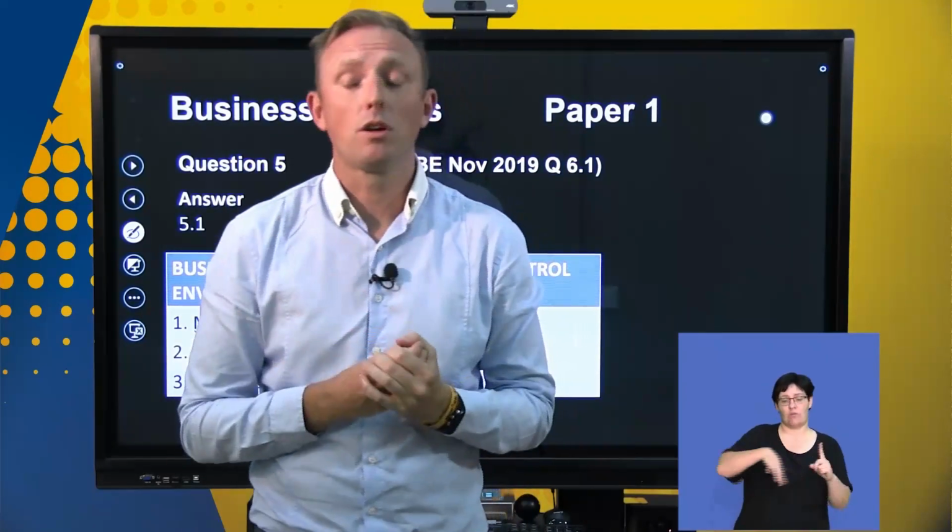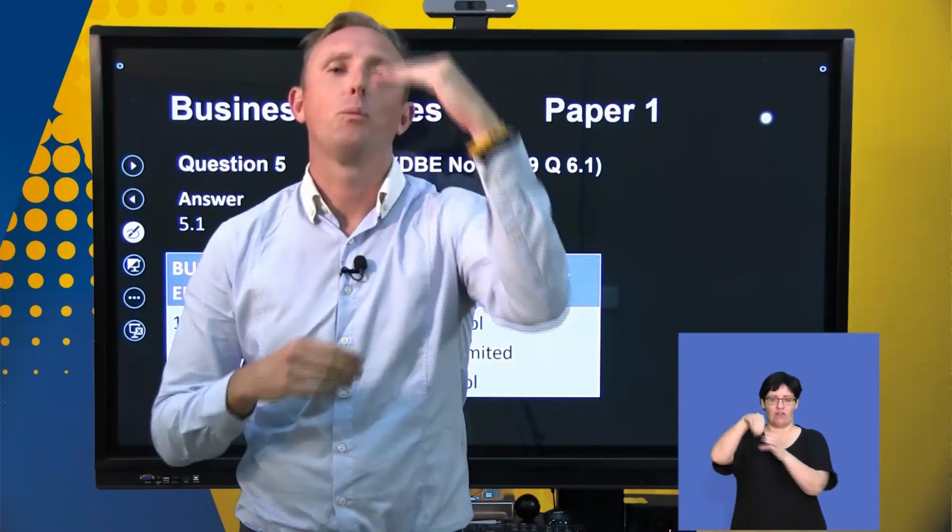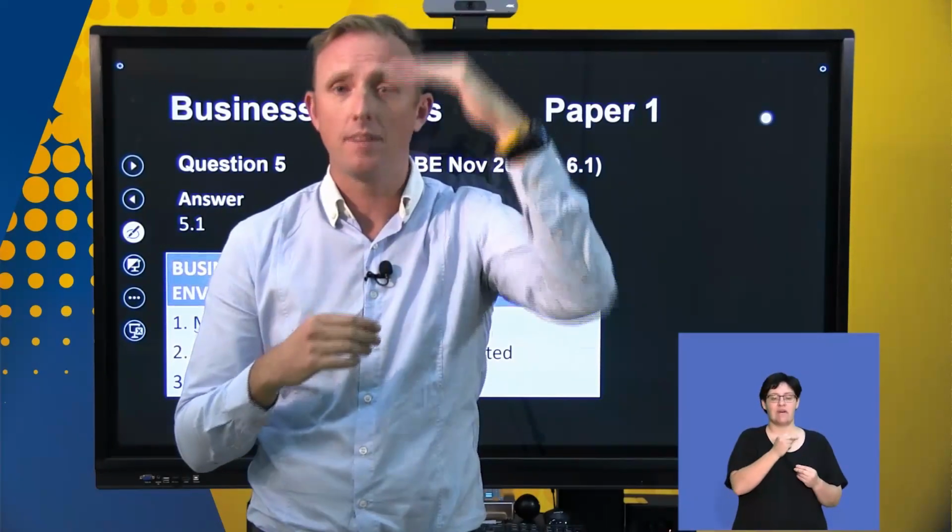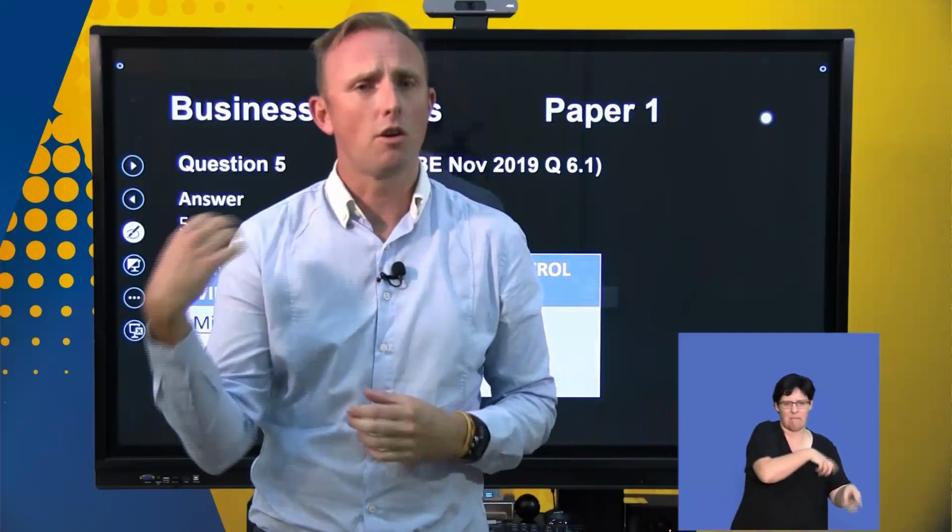A lot of people get confused between the different sectors of the economy, whereby you have the primary sector, the secondary sector, and the tertiary sector. Remember, the primary sector has to do with the extraction of raw materials from the earth. Think of farming, mining, forestry, fishing.